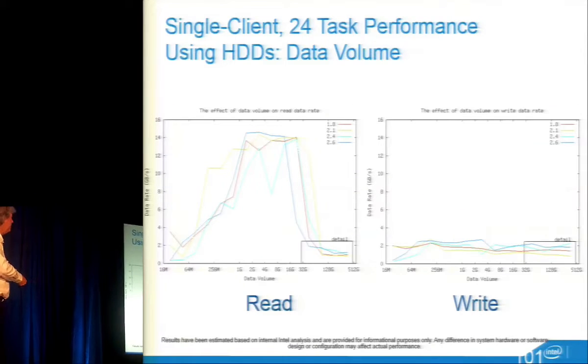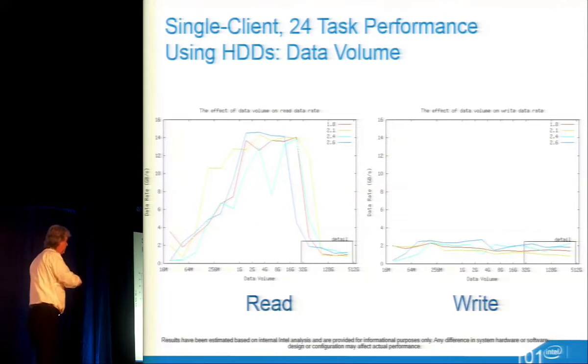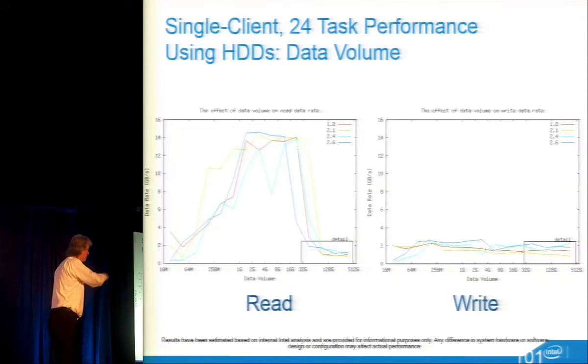Let's see, where are we now? Okay, here's the data volume test. And in fact, maybe we are actually seeing what you were speculating about, caching effects. I did do the data volume experiment, again on the spinning disks.